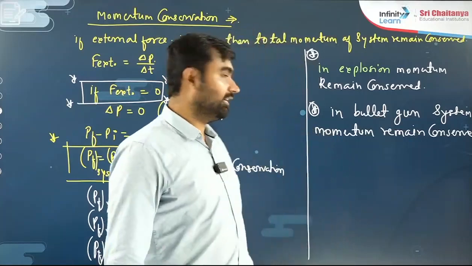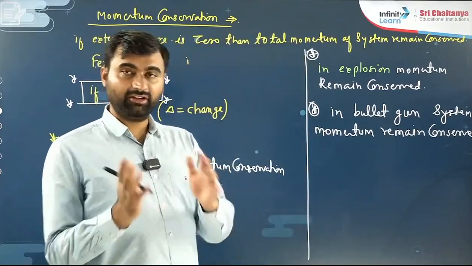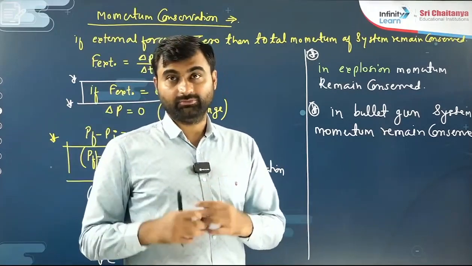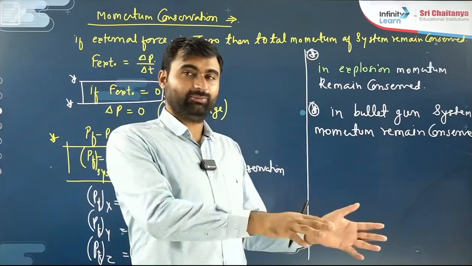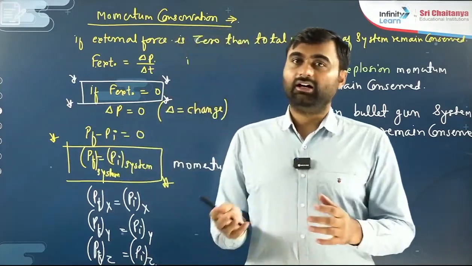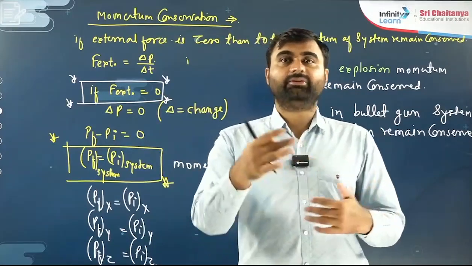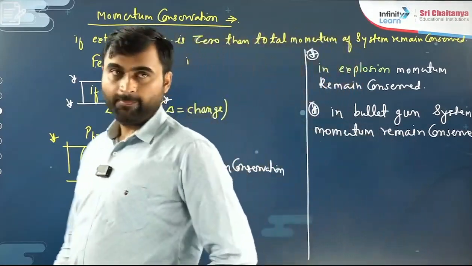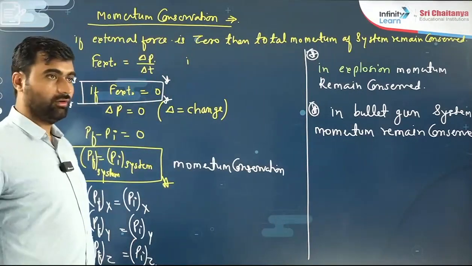Understood? That is the meaning of conservation here. Initial equals final. Initial means before the action. Before explosion initial, after explosion final, must be equal. In bullet gun, before firing initial, after firing final, so both must be equal. Is it clear? Okay.